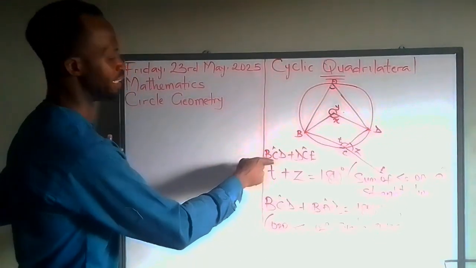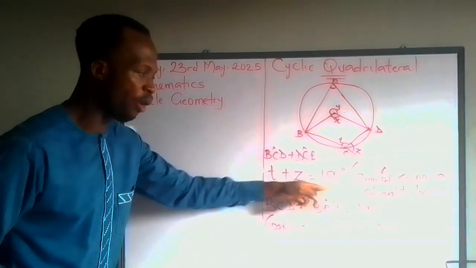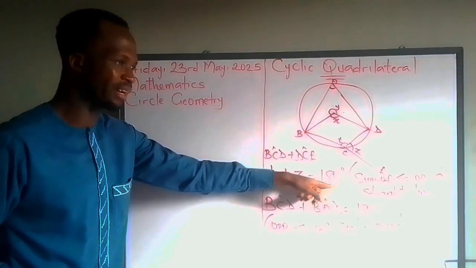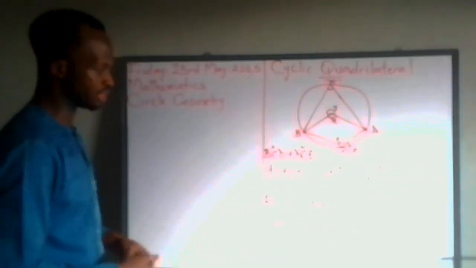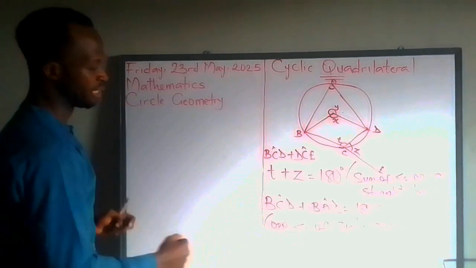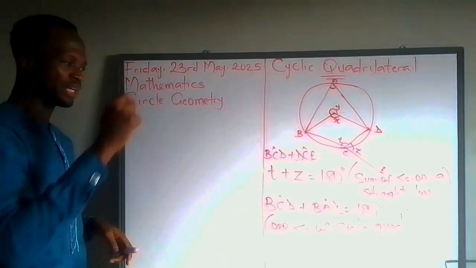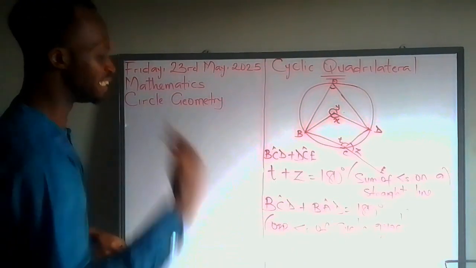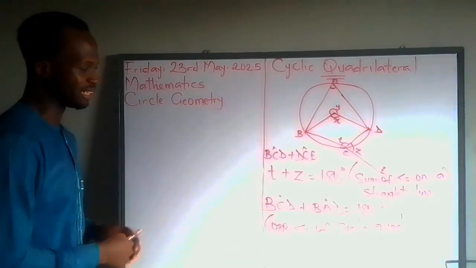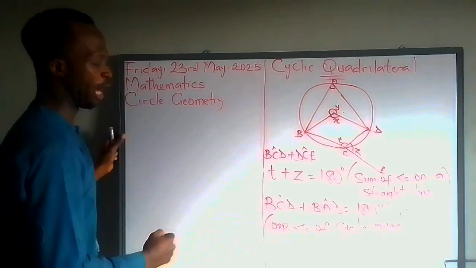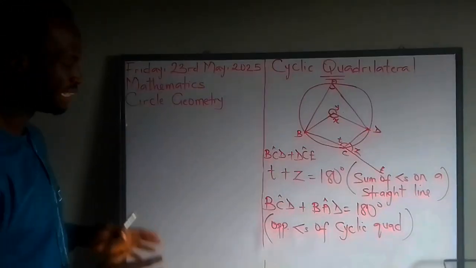If angle BCD plus angle DCE equals 180 degrees, because the sum of angles on a straight line is 180 degrees, and we also found that angle BCD plus BAD is 180 degrees, what that means is that angle BAD and DCE are equal.